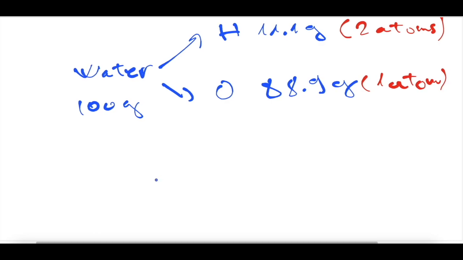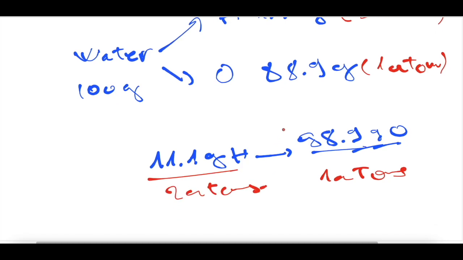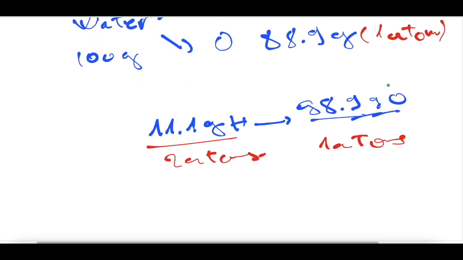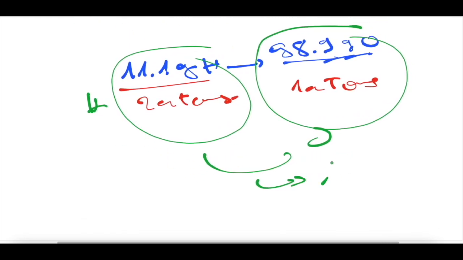So in 11.1 grams of hydrogen, there were twice as many atoms as in the 88.9 grams of oxygen for one atom. And here we have 2 atoms. So if we calculate the ratio of the oxygen over the hydrogen, we get a number of 16.